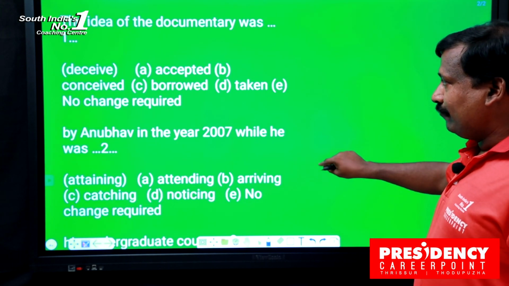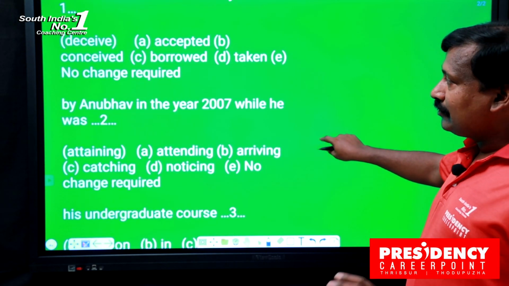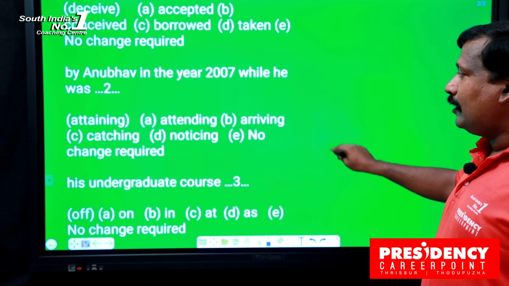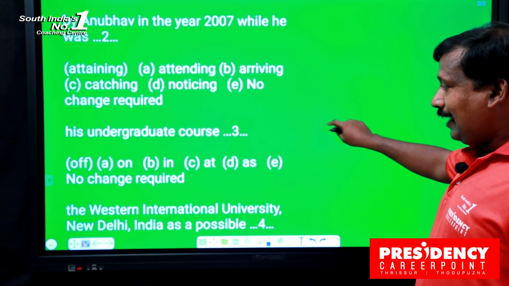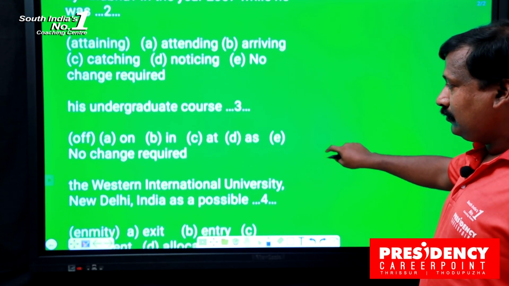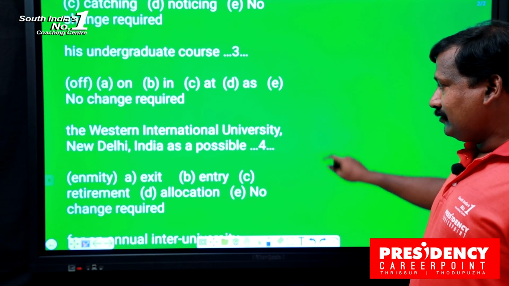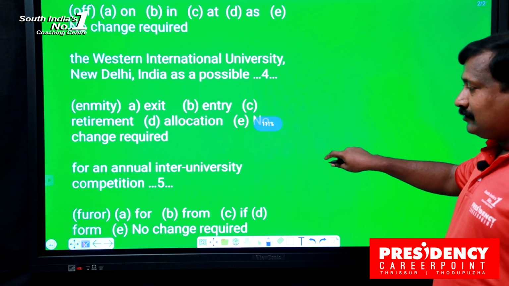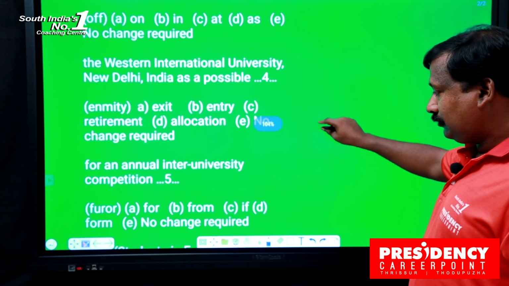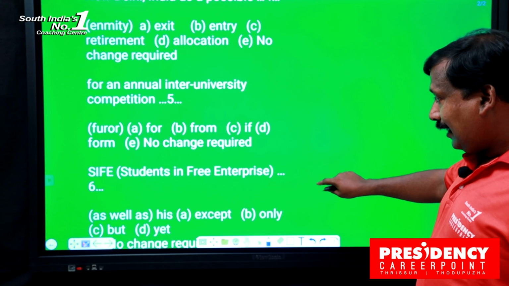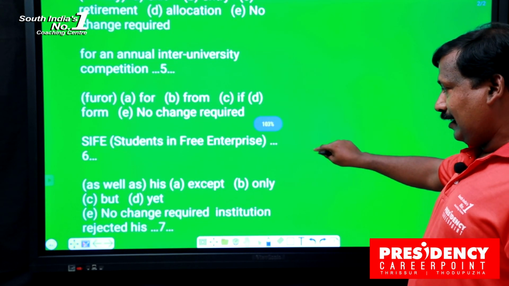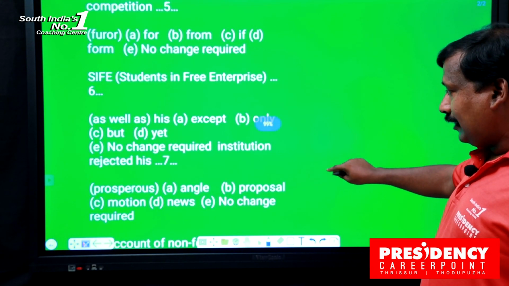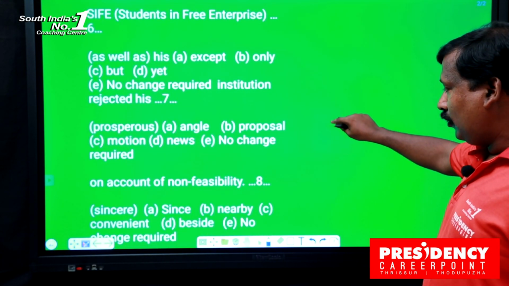The idea of the documentary was, blank, given in brackets, with 5 options, by Anubhav in the year 2007, while he was blank his undergraduate course, at the Western International University, New Delhi, India as a possible blank for an annual inter-university competition, blank, for blank SIFE, students in free enterprise, blank, then rejected his blank on account of non-feasibility.